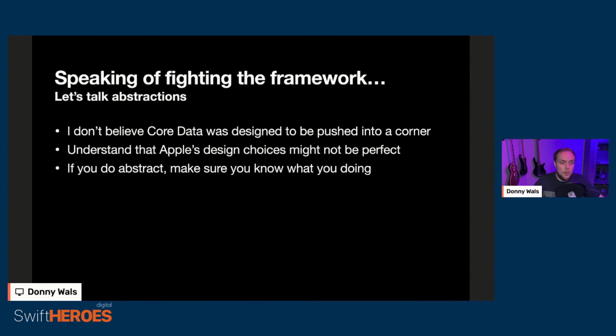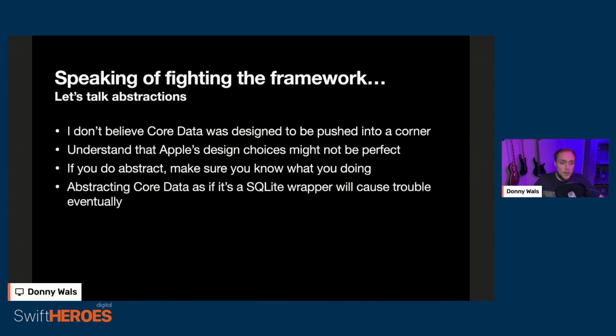I have seen people write abstractions around Core Data after one day of trying it. That's the best way to get into trouble down the line, because Core Data is a pretty big framework, and I wouldn't say that it's extremely complicated, but abstracting something you don't fully understand is always tough. And especially if you're going to abstract Core Data as if it's a SQLite wrapper, that is going to cause you trouble, because Core Data is not a SQLite wrapper.